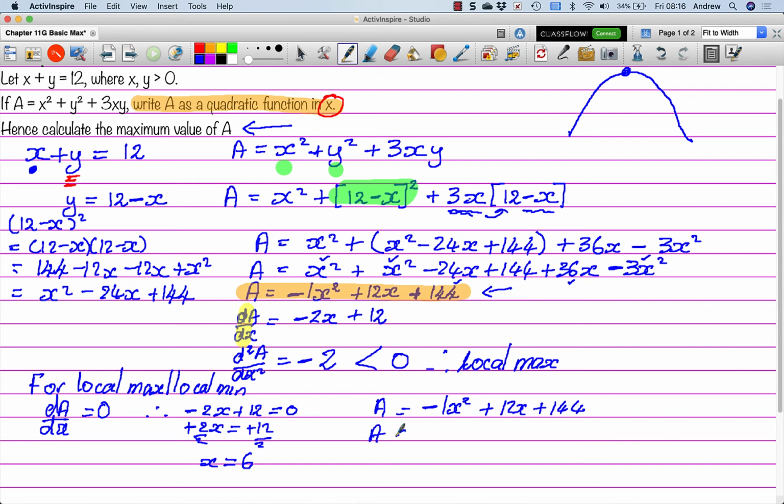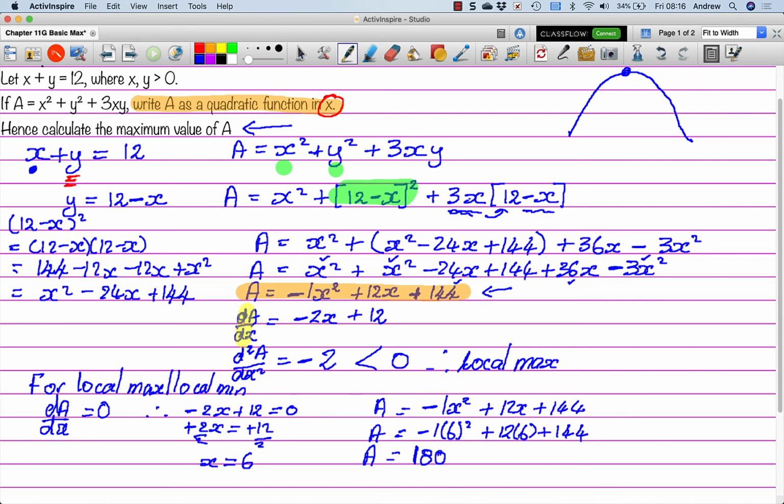Therefore, A is equal to minus 1 on 6 squared plus 12 on 6 plus 144. So calculator time. And assuming I haven't made any arithmetical errors, that should come to 180.